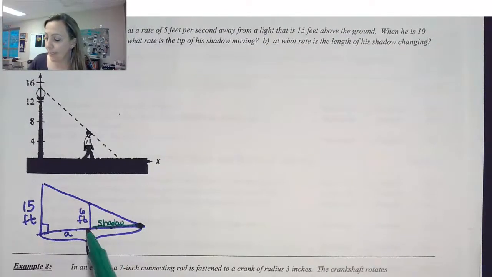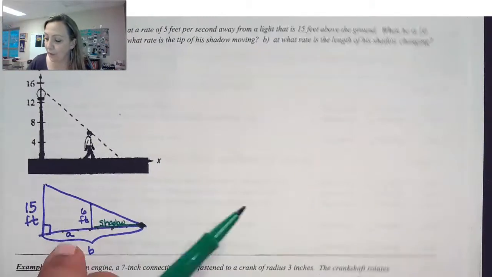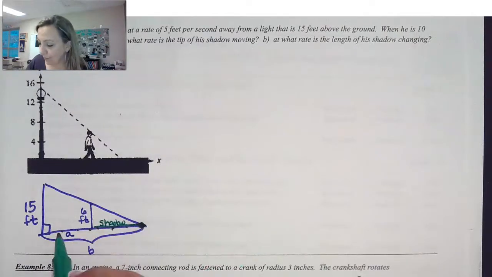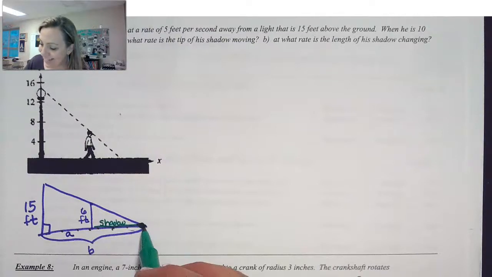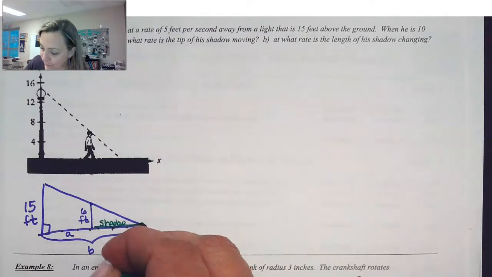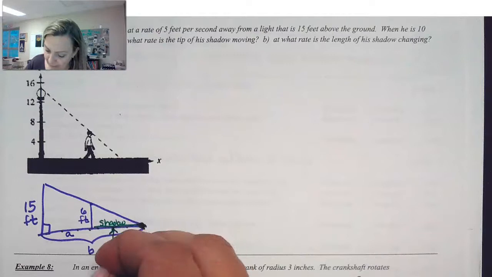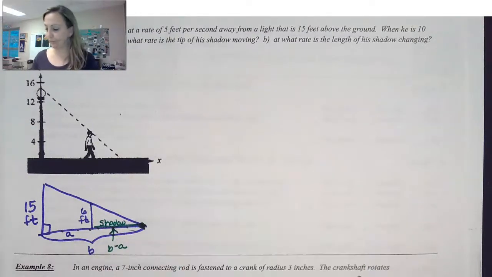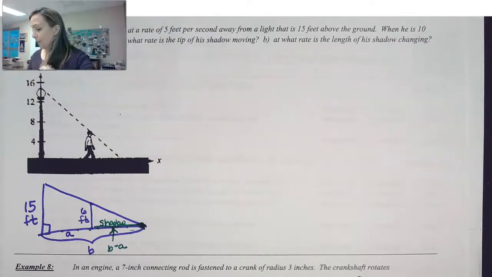A is the distance from the lamppost to the man. B is representing where the tip of the shadow is. And the length of the shadow itself is going to be represented by B minus A. Again, some of you could have gotten all that on your own. I know for me, I have to be told and then I understand what to do.